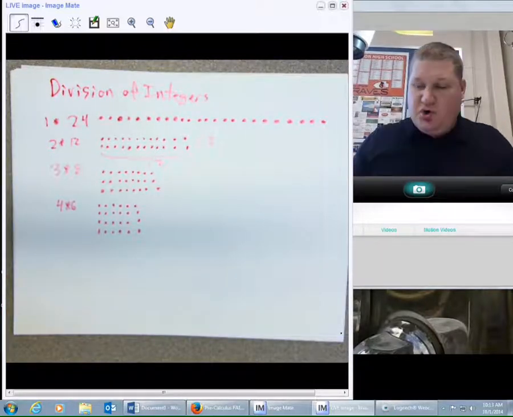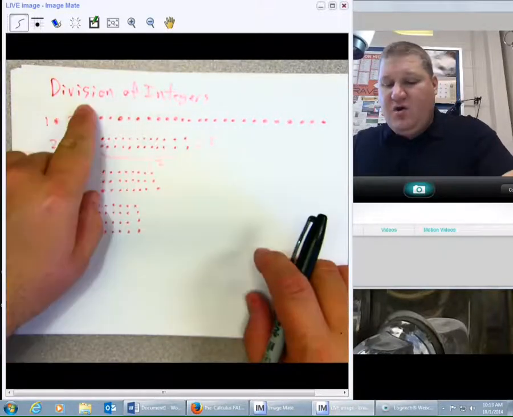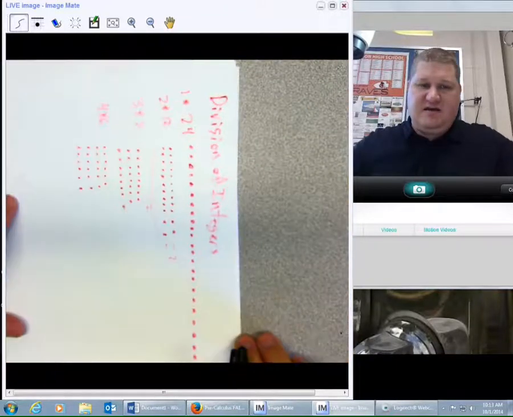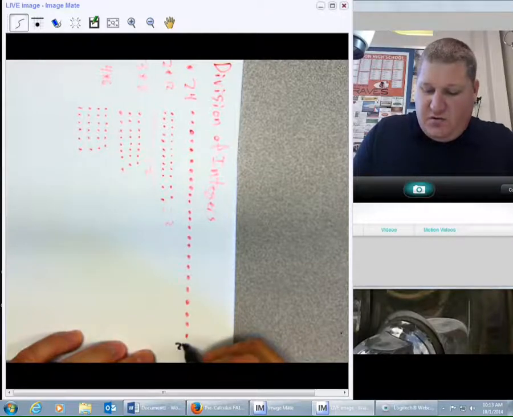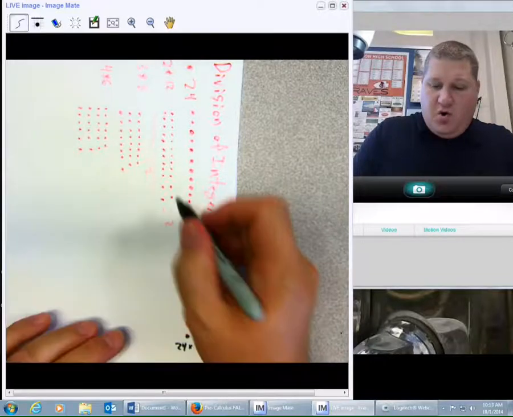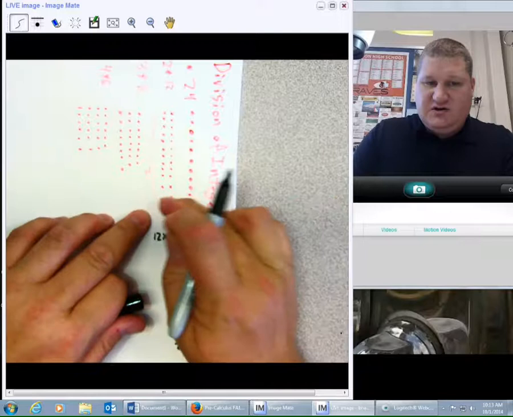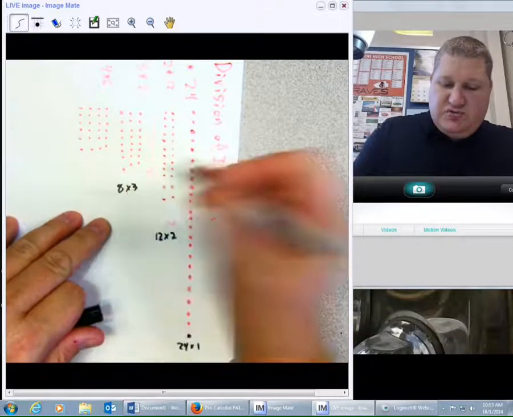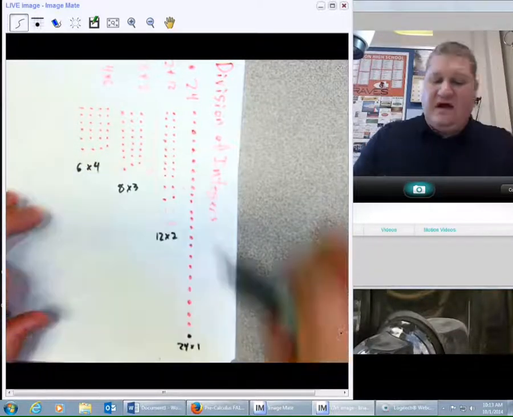Now do remember, because we have the commutative property, 1 times 24, one row of 24, is the same thing as 24 rows that are only one dot big, or 12 rows that are two dots big, or 8 rows that are three dots big, and 6 rows that are four dots big.